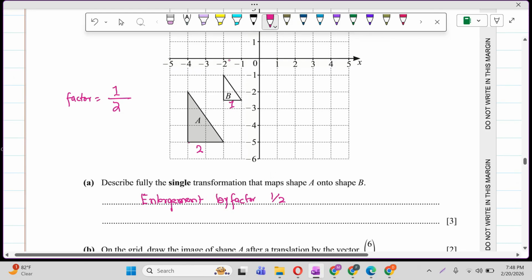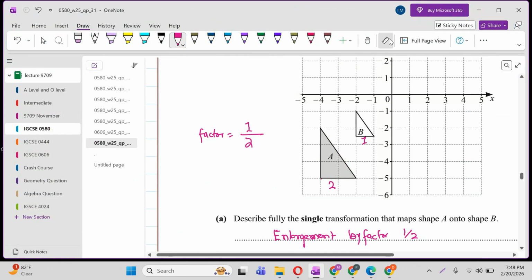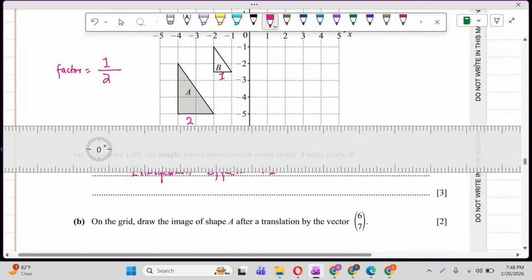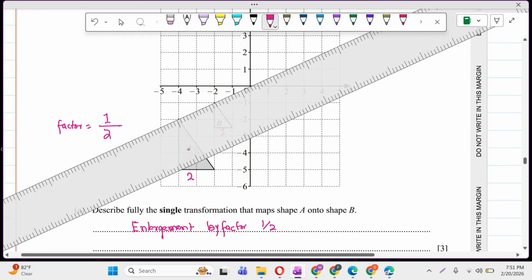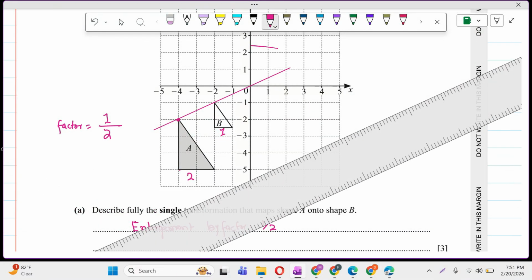Now we need to find the center. To find the center, we will draw a line joining the corresponding points. For example, first we join these points. This point on A is corresponding to this point on B. Now we will join these 2 points.